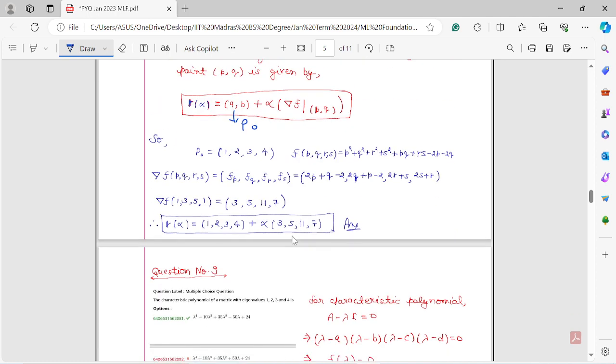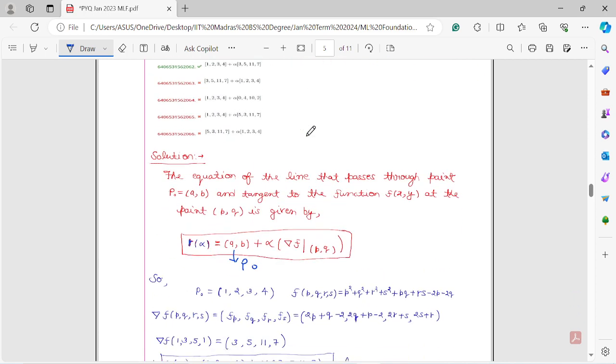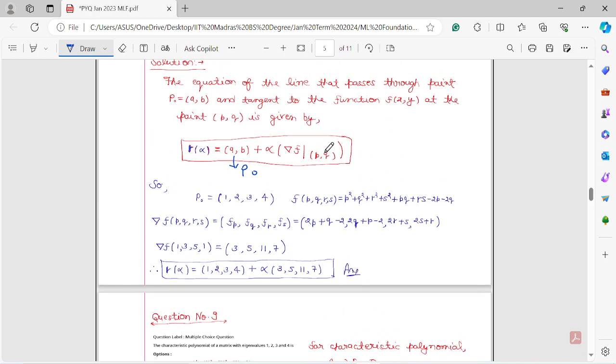In the question the given point is 1, 2, 3, 4. The equation of the line passes through this point 1, 2, 3, 4, and first we find the gradient of f with respect to p, q, r, and x.